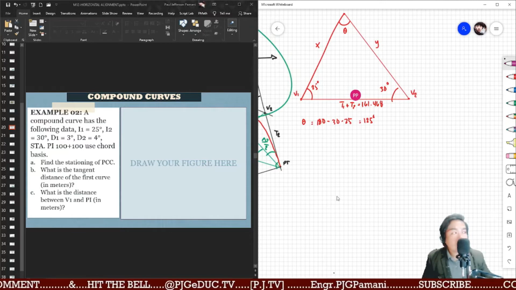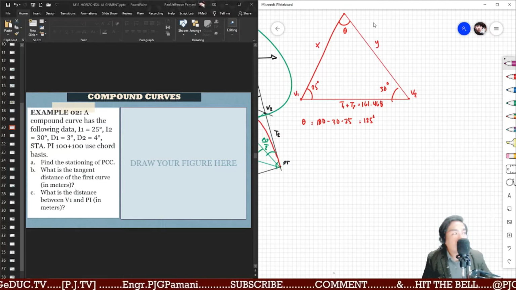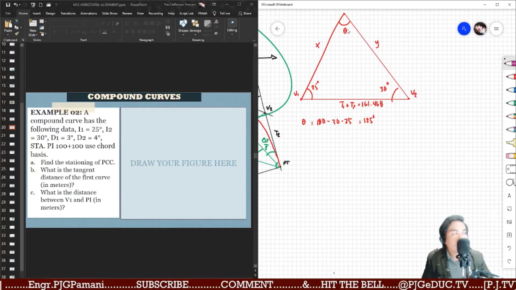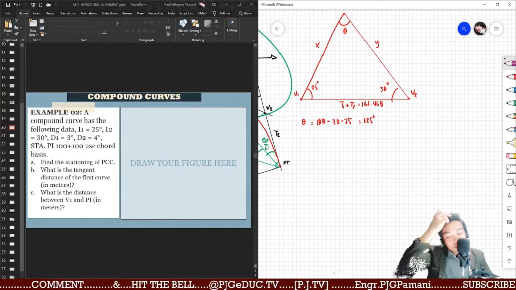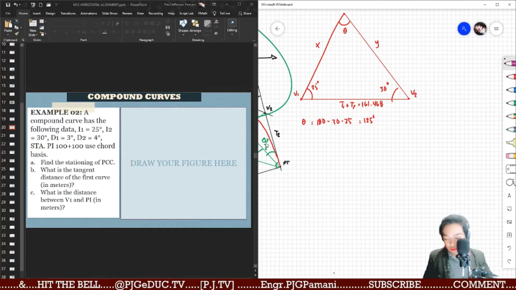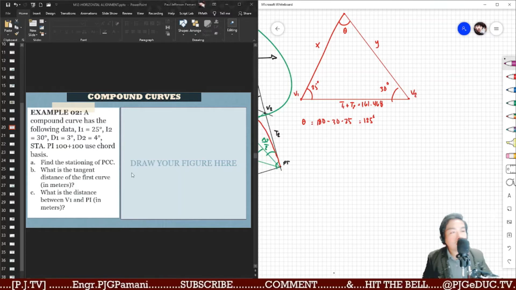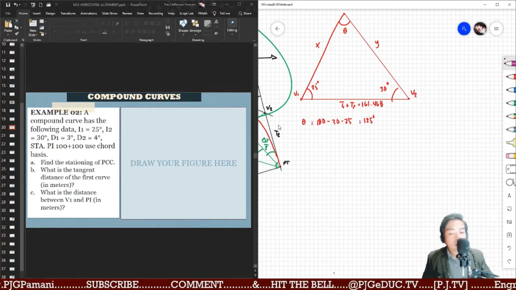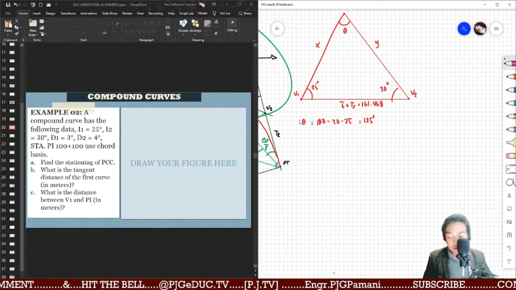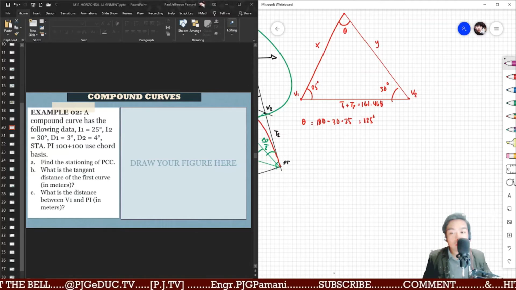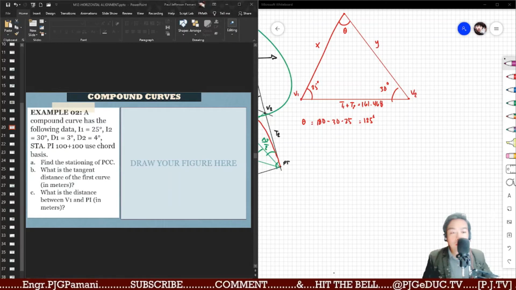Anong gagawin natin next? Two unknown sides. Then known lahat ng interior angles. So basically, anong gagawin? Tapos nyo na yan sa surveying. Para ma-solve natin si X, para makuha natin yung station ni PC. Anong operation yan?